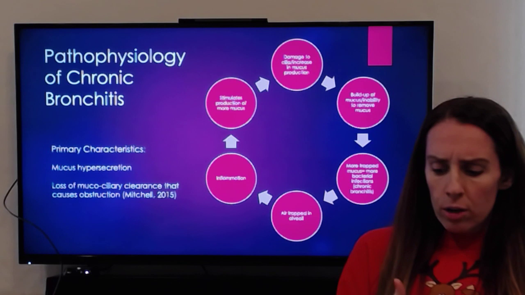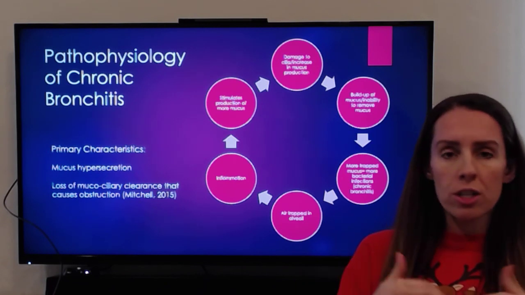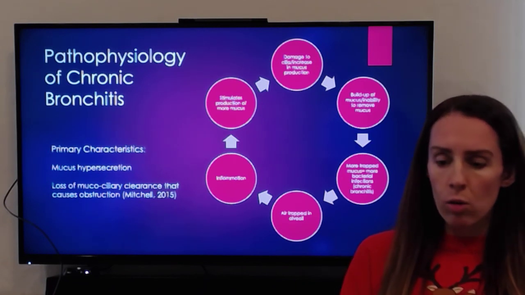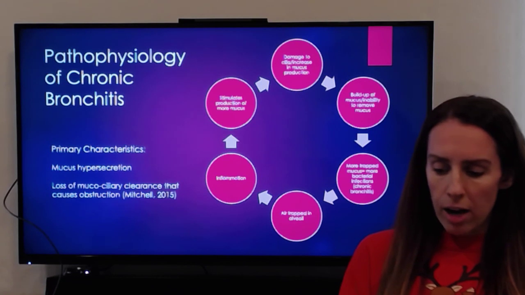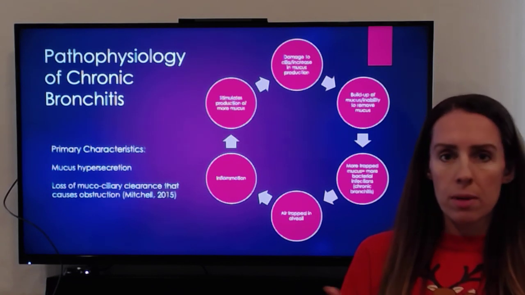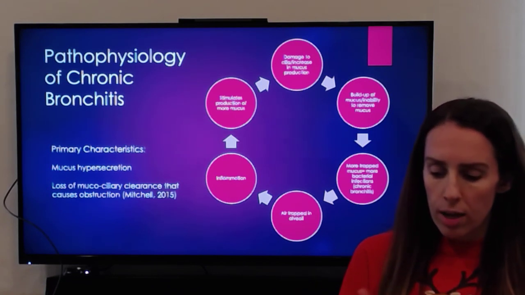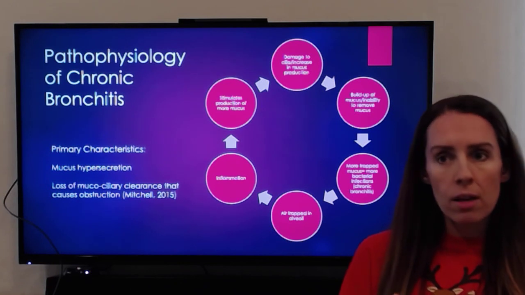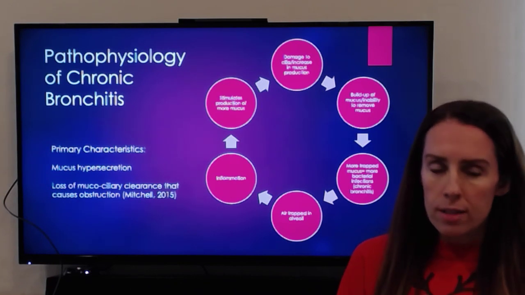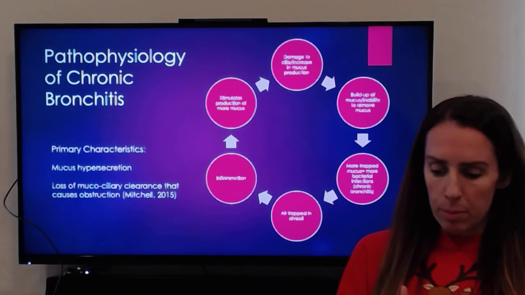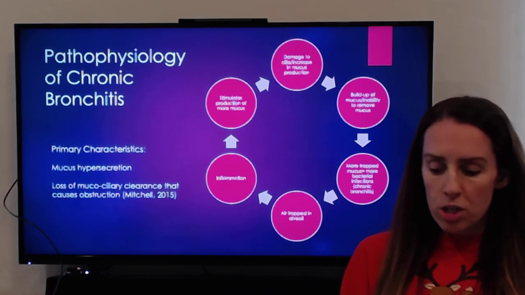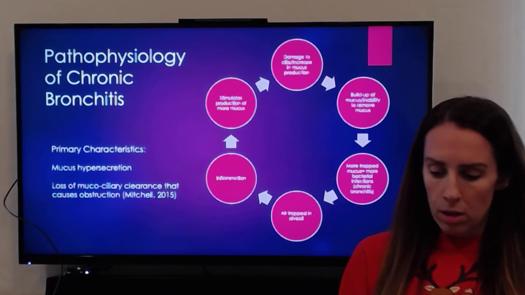When the airways are narrow, the inspiration still draws air into the alveoli, but the air becomes trapped in the alveoli because with expiration, it's a little bit more of a passive process, and it's just not as strong as inspiration. So the air becomes trapped. The alveoli start to stretch, and the stretching can lead to inflammation.